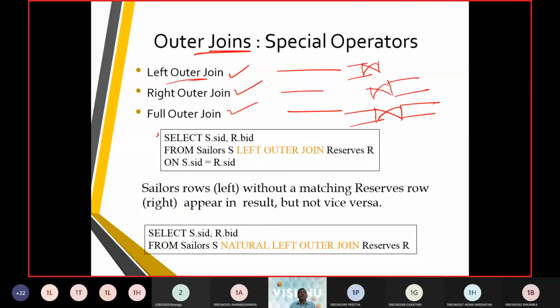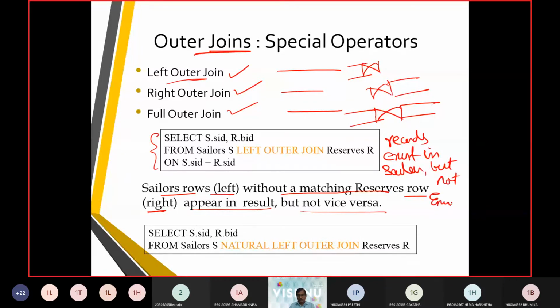Now you can see this left outer join. If we use a left outer join, Sailors rows left without a matching row in Reserves appear in the result, but not vice versa. That means records that exist in Sailors but do not exist in Reserves need to be considered.